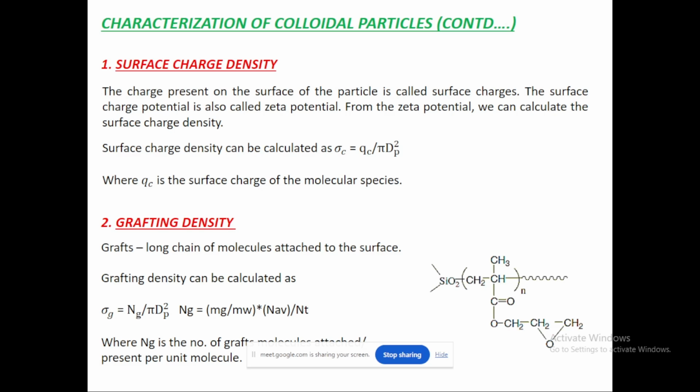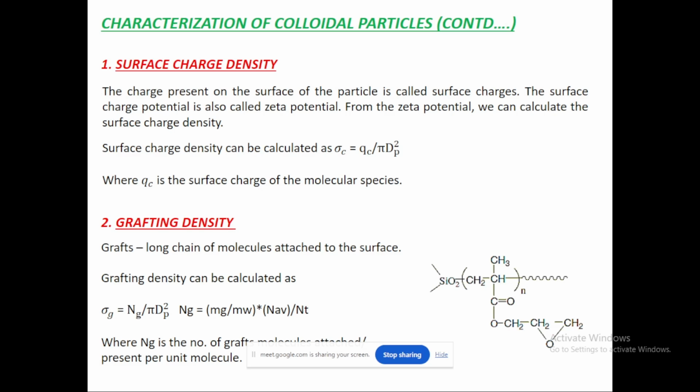Upon grafting the separator with silicon oxide particles, like if you see in the literature, polyethylene was used as a separator. Upon grafting silicon oxide particles on that polyethylene separator, they were able to improve the mechanical properties and adhesion strength of the separator.